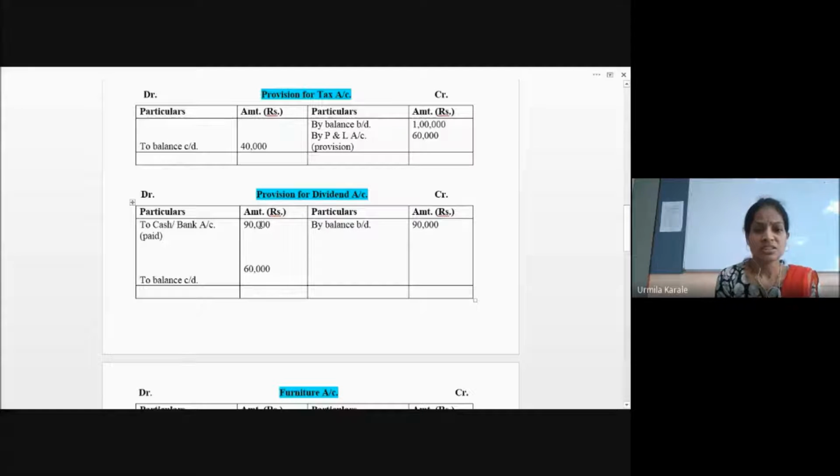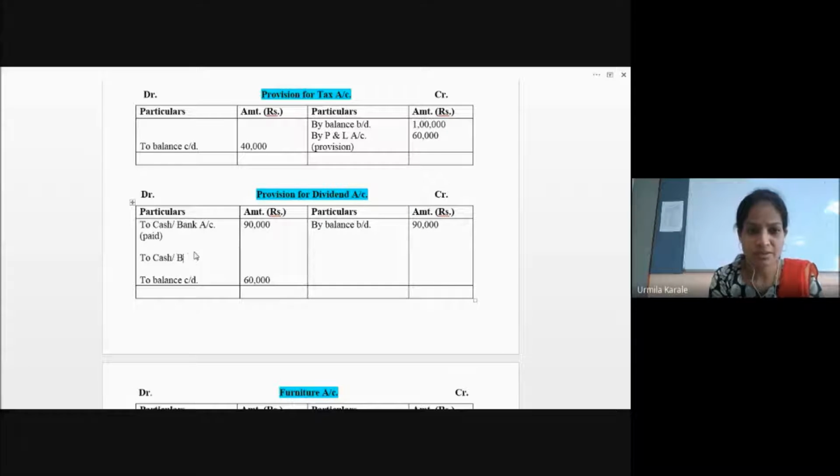Now 30,000 more we are paying this year. So where should it come, to this side or this side? Tell me, debit or credit side? Dividend paid 30,000. Debit side. Yes, very good. Debit side. Provision created, provision utilized means provision paid. Okay, so it will come to this side. So cash or bank, same amount.